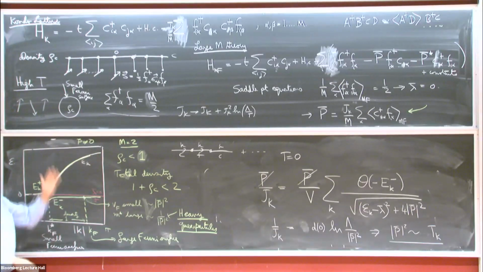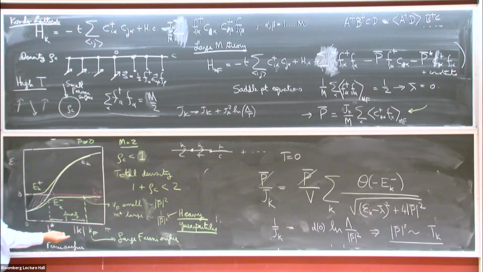There's no sharp phase transition as a function of temperature between the red line and the green lines. The question I want to ask is: suppose I'm at zero temperature and I lower JK. Then there has to be a phase transition between this Fermi surface and this Fermi surface, if such a state is possible.